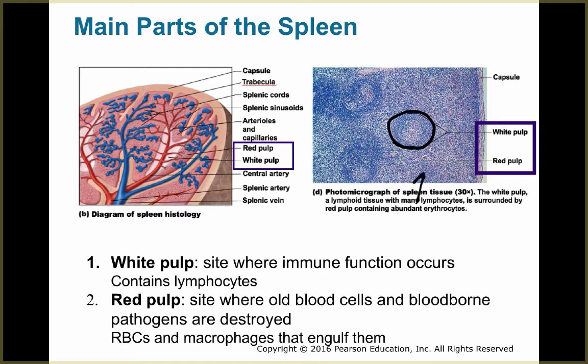And this area that's out here is the red pulp, and that's a site where old blood cells and blood-borne pathogens are destroyed. Basically, red blood cells and macrophages that engulf them are located here. And so those are the different parts of the spleen. And we'll look again at that histology when we get into class.